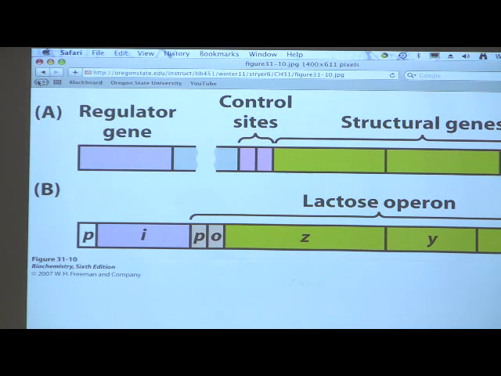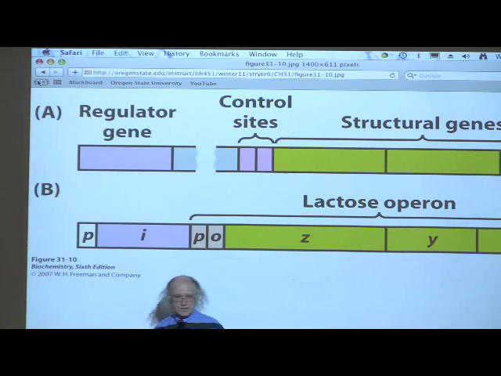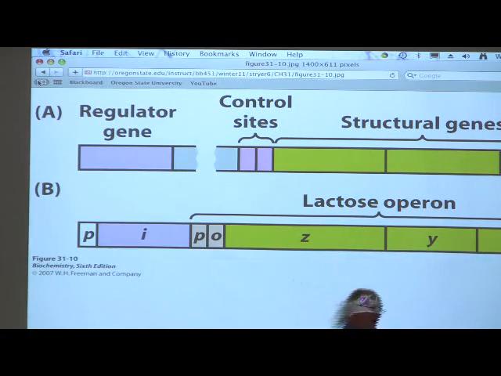CAP originally stood for cyclic AMP binding protein, but for our purposes, we'll just call it CAP. CAP, as its original name suggested, binds to cyclic AMP. When CAP binds to cyclic AMP, it binds up here just ahead of the promoter, and it favors the binding of RNA polymerase.